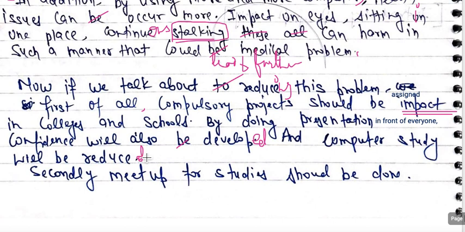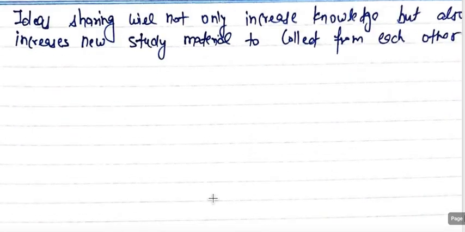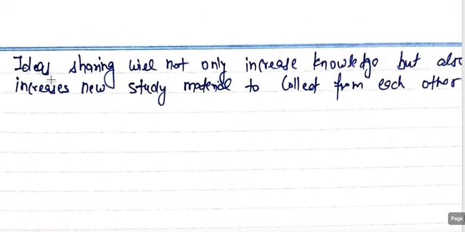जब आप बी लगाओगे तो इसको आप पैसिव वॉइस में कन्वर्ट करोगे. So for passive voice you have to use the third form of the verb. बी के साथ आप वर्ब की थर्ड फॉर्म यूज करोगे, विल बी एंड देन वर्ब थर्ड फॉर्म. Secondly, put a comma. Meet up for studies should be done. Fair enough. Idea sharing.